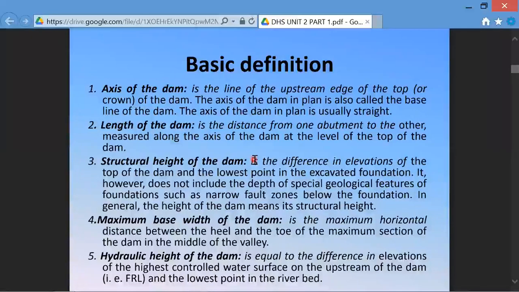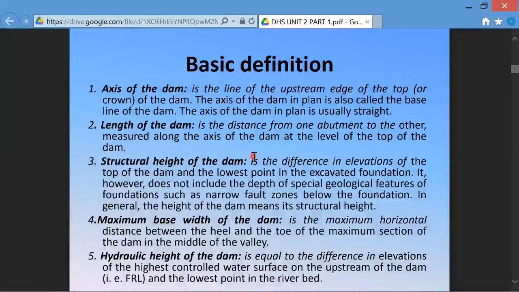In plan means when you see it from the top, this line will be seen as a baseline from the top view. And the axis of the dam in plan is usually a straight line. Okay. Length of the dam is the distance from one abutment to another.